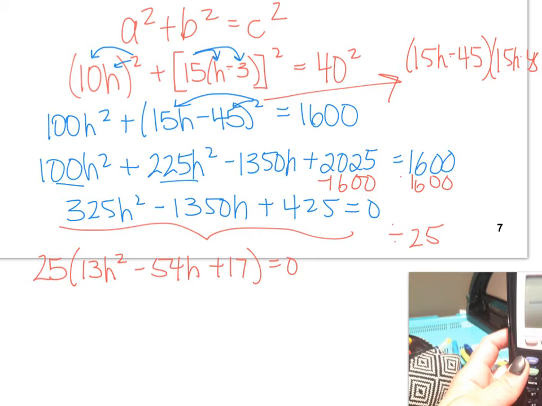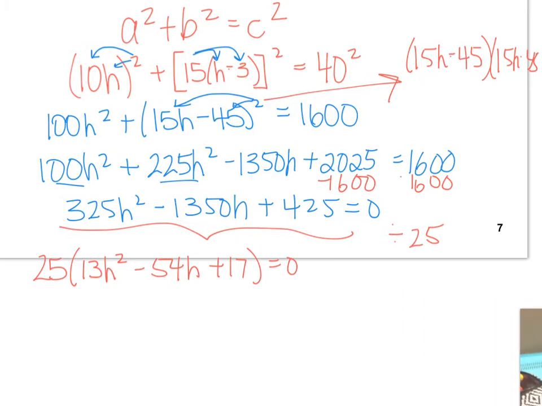So remember, your quadratic function is x equals minus b plus or minus the square root, b squared minus 4ac, all divided by 2a. So in this case, I'm looking at using this.